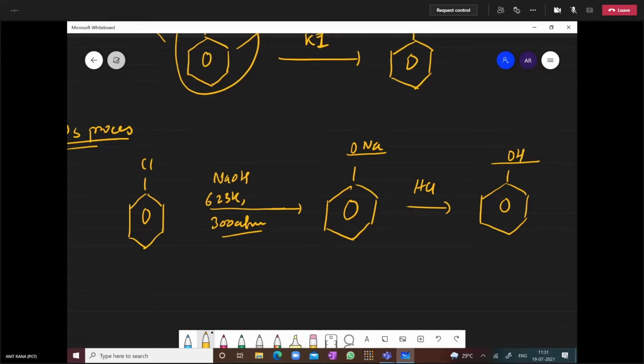Do this only when you don't know. You know that an acid is used, but you don't remember whether dilute or concentrated. In the examination, on the arrow, you should write hydrochloric acid. Don't write dilute or concentrated, so you will not lose marks.